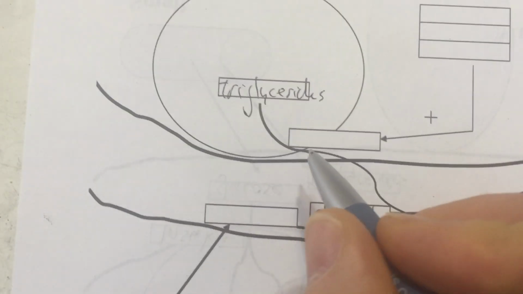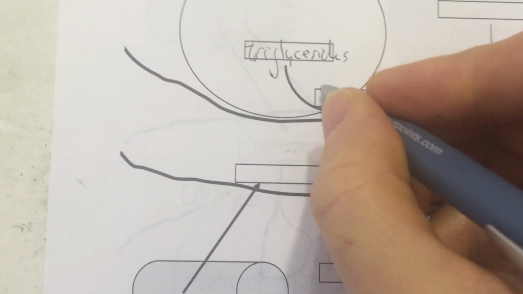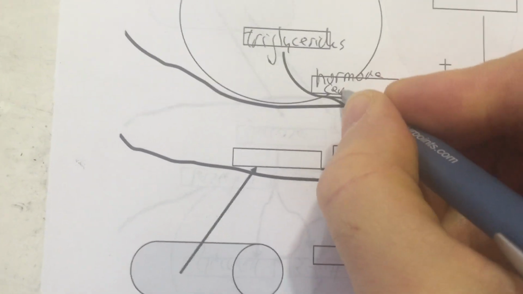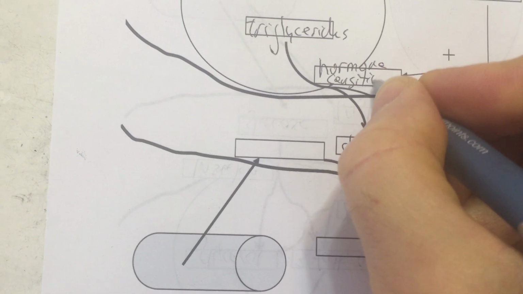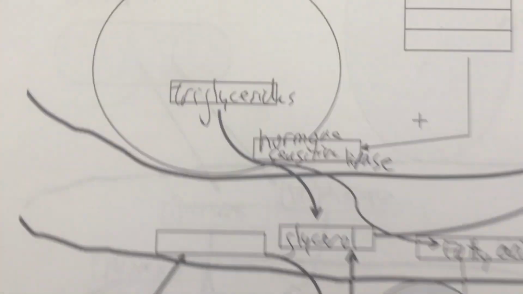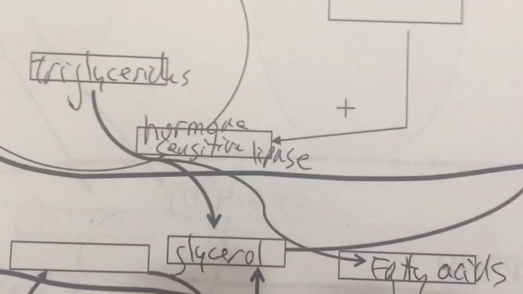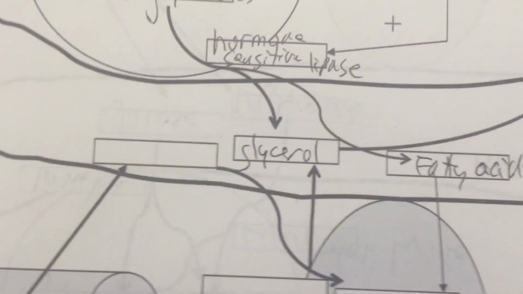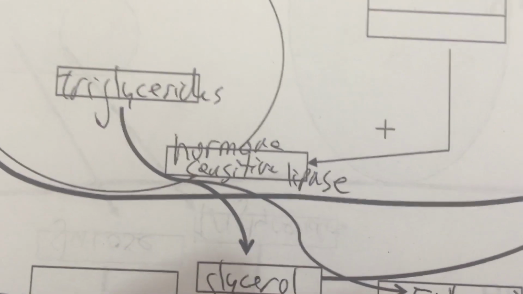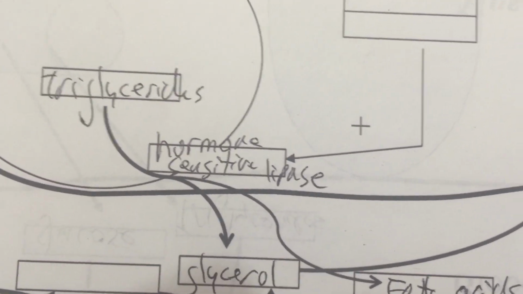Now, the enzyme that breaks down the triglyceride is called hormone-sensitive lipase. I'll try to squeeze that in here. It's called hormone-sensitive lipase because it is sensitive to the effects of some hormones that are released during exercise.